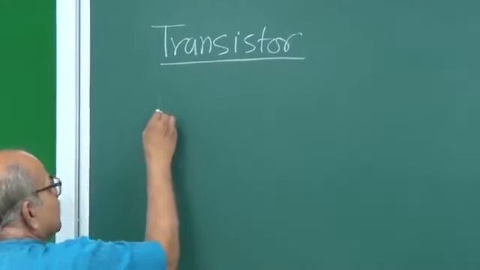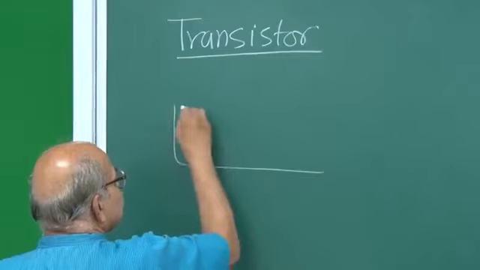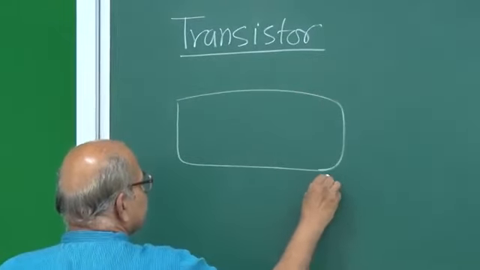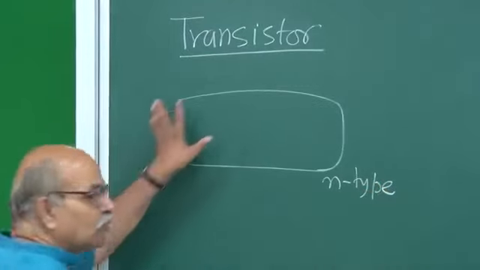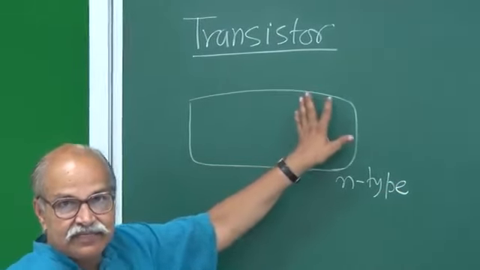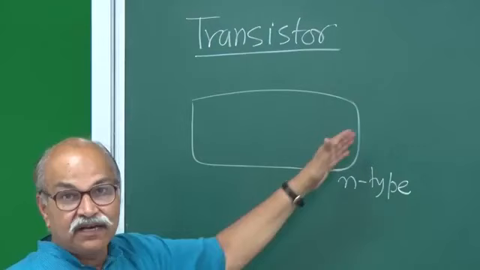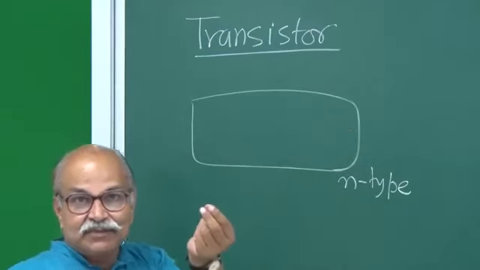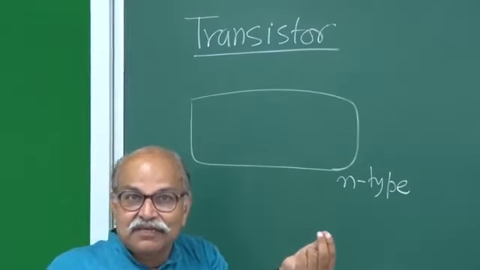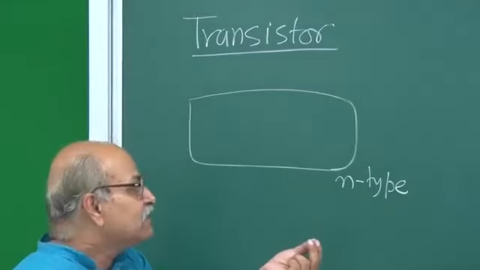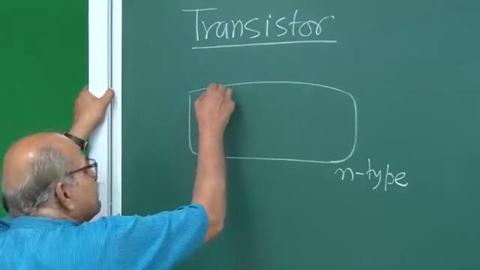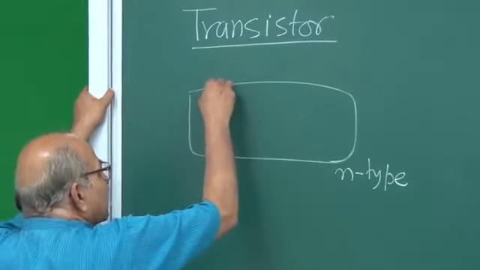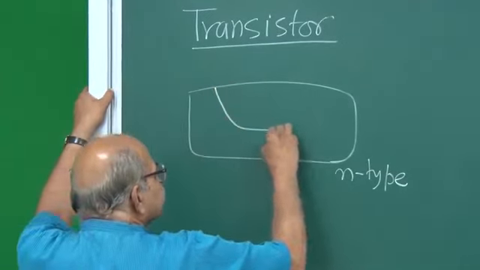So you start with, let us say, n-type material. Suppose this is n-type semiconductor. This whole wafer is n-type semiconductor. In the picture it may look very large, but the actual thing may be a few hundred microns, less than a millimeter. And then you diffuse, say, p-type from top and make it p-type like this.